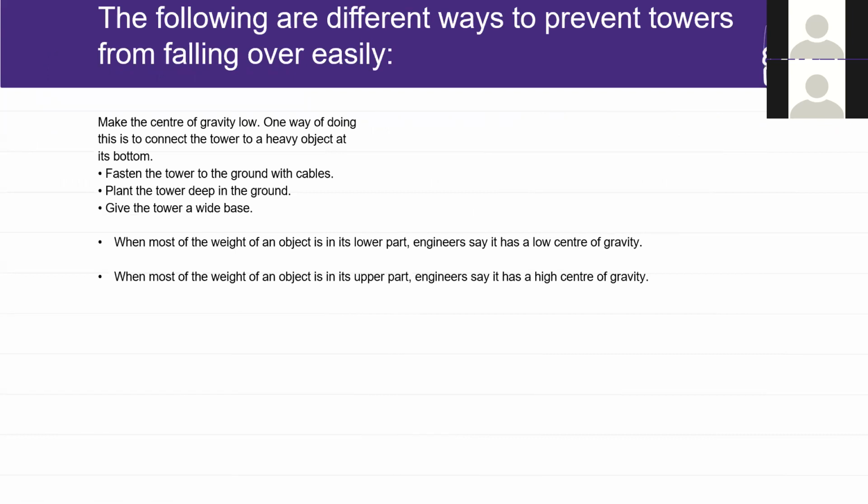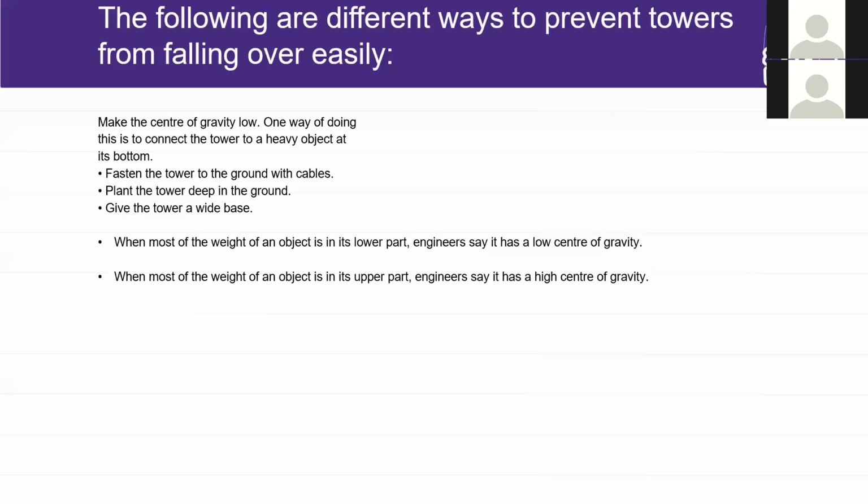The following are different ways to prevent towers from falling over easily. You make the center of gravity low. One way of doing this is to connect the tower to a heavy object at the bottom, like the one that we saw that has a concrete slab.